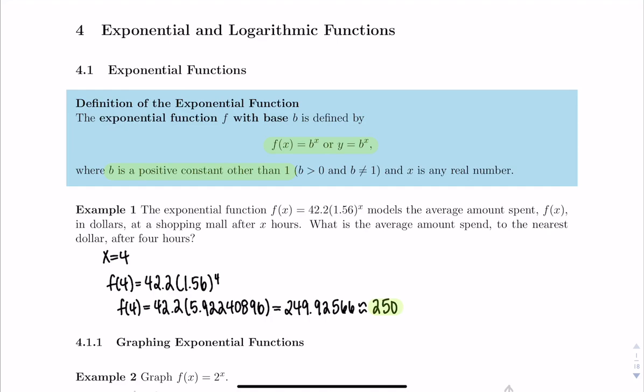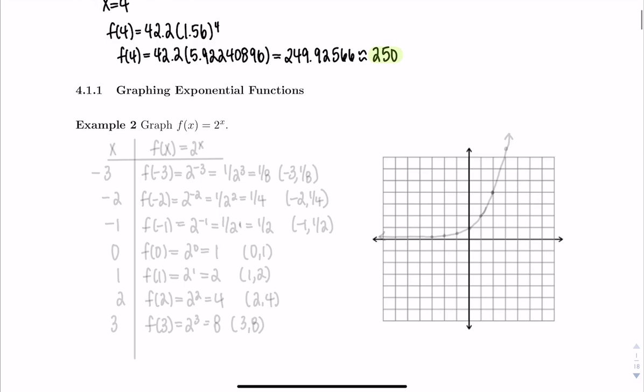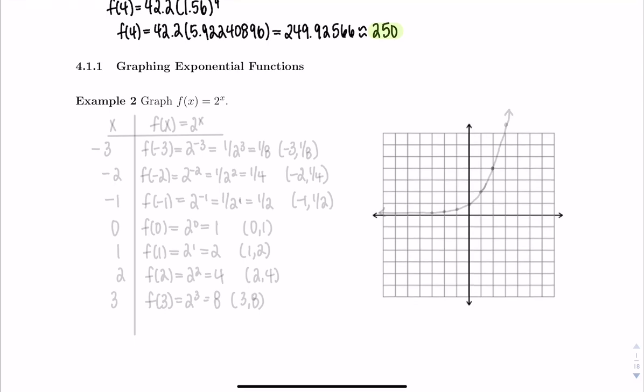So to graph exponential functions, we want to go ahead and pick some x values and plug them in and find the corresponding y values. So we're going to make an xy chart. And so we're going to pick values. I'm going to go from -3 to +3.